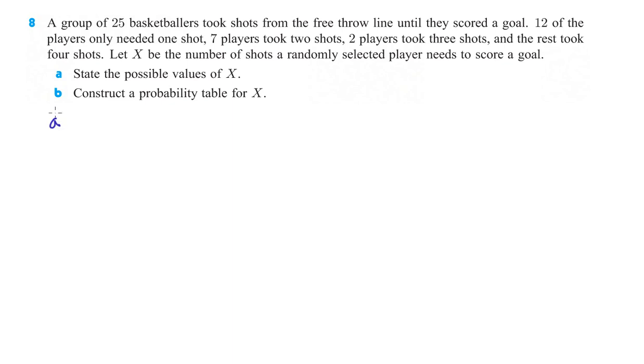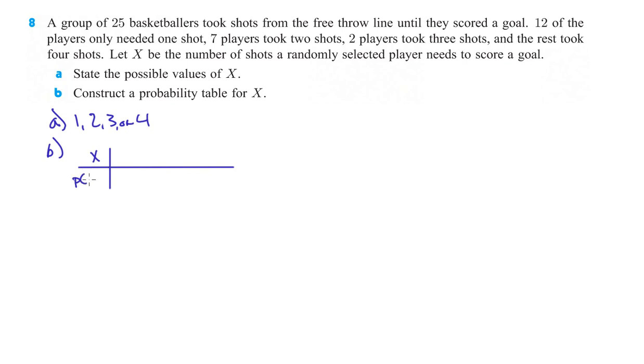Okay, so A, let's see, it was 1, 2, 3, or 4 for A, right? And then what we want to do for B is construct a probability table. So let's say this is going to be our X here, right?